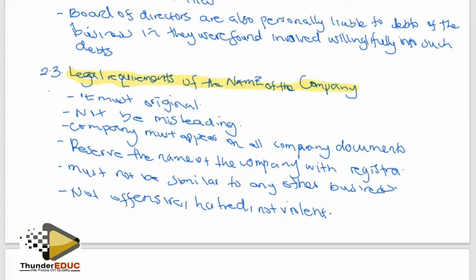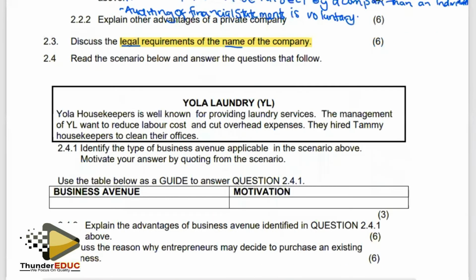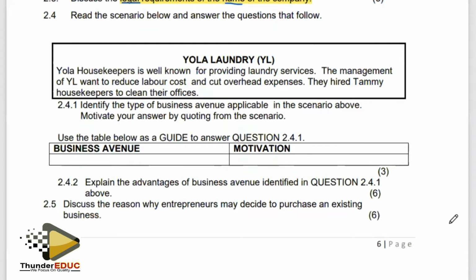Let's look at another question in respect to time. On question 2.4, we are given a scenario and we are supposed to answer the questions that follow. Look at this. Yola Laundry is the company we are talking about.